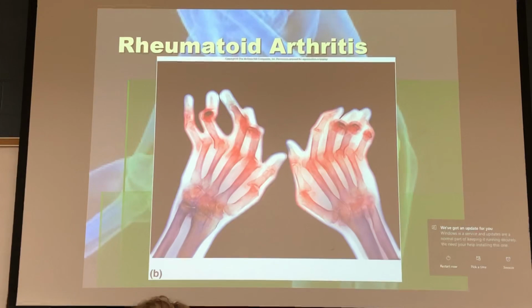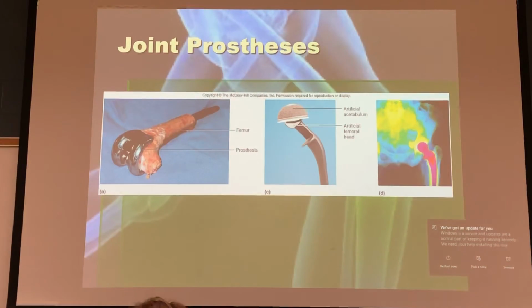Here's a picture of someone's fingers who has rheumatoid arthritis. Take a look at that. You can see that the joints, the bones are being pushed out of their normal orientation because of the pannus. So I'm sure that you've seen that before. Here are some prosthetics. This is the fake hip bone or the head of the femur.